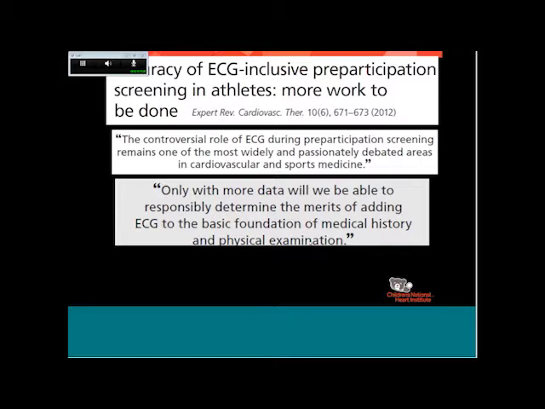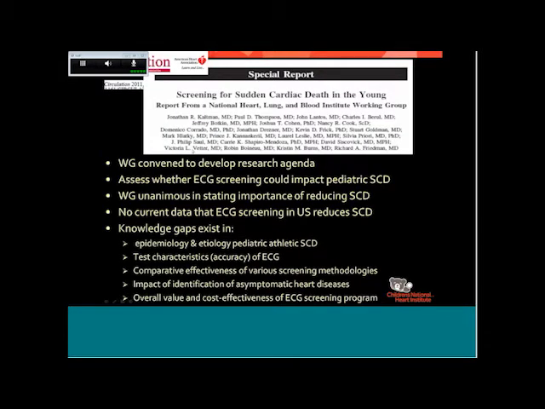And the pre-participation screening questionnaires seem as good as doing ECGs on everybody else. The recent symposium at the National Heart, Lung, and Blood Institute, led by John Kaltman from here, determined this and really showed that there was no data that ECG screening moves towards reducing sudden cardiac death.